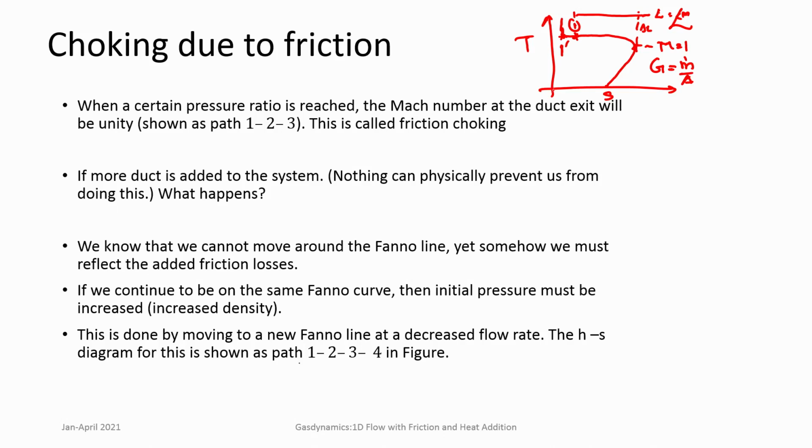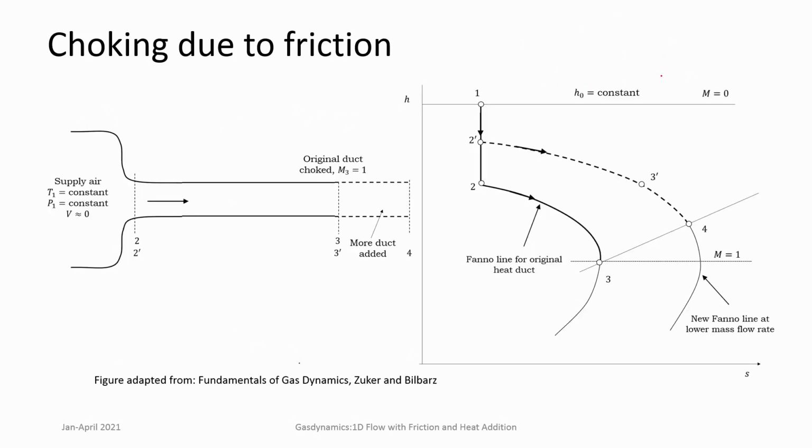So, that means increased pumping. If that is not possible, if you cannot increase pressure, then what can be done is a change in mass flow rate, because you can move to a different G curve, which is a different Fanno line which has lower mass flow rate. So, this is schematically represented here.